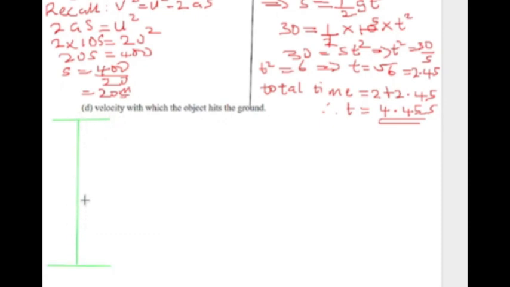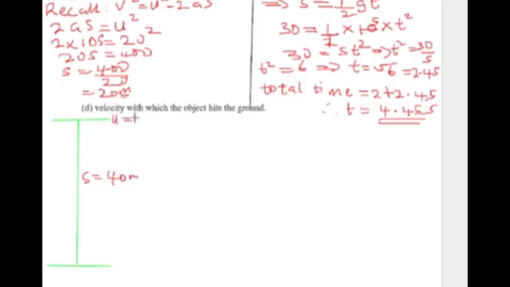Remember, from the top to the bottom, we have 20 meters to the maximum height. Meanwhile, the point of projection was at 20 meters. So it means that the full height here is 40. So x is equal to 40 meters.